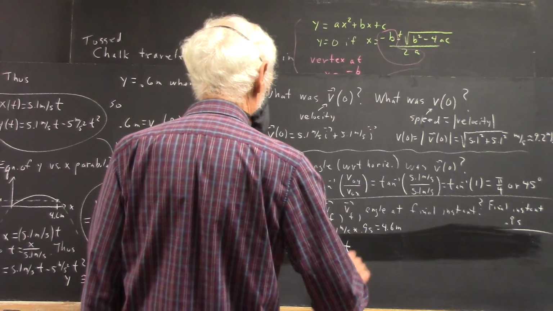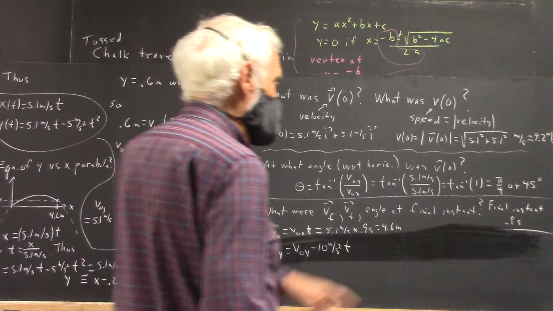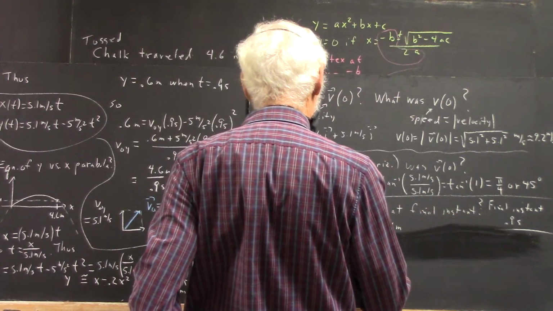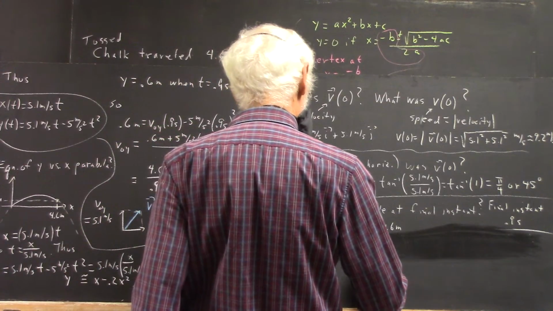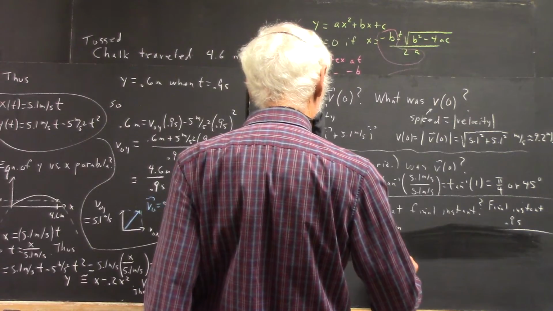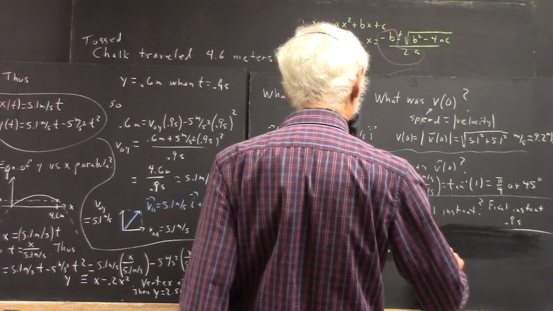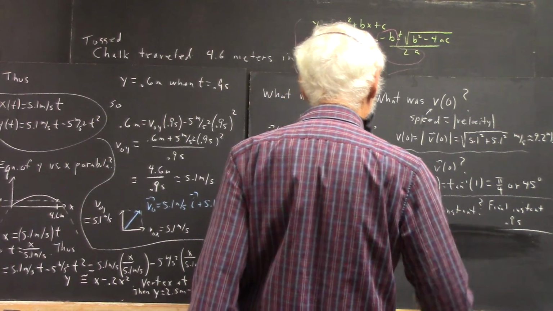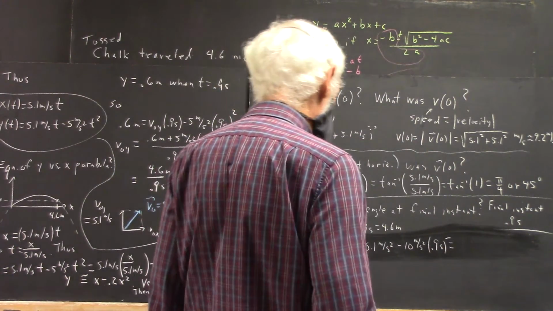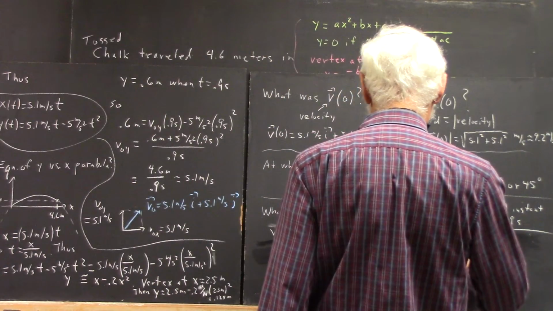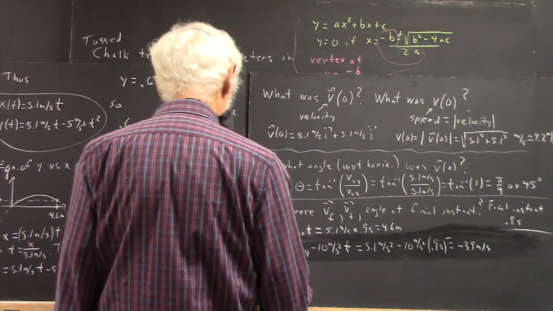Okay. V naught y is this, and at the final instant, this comes out. So that is approximately equal to negative 3.9 meters per second.